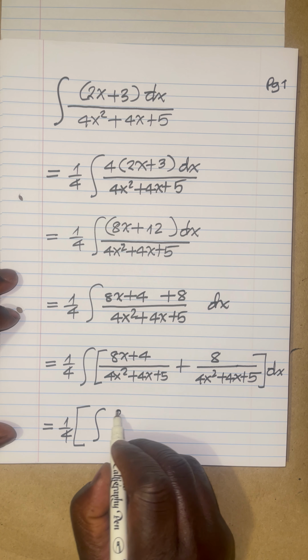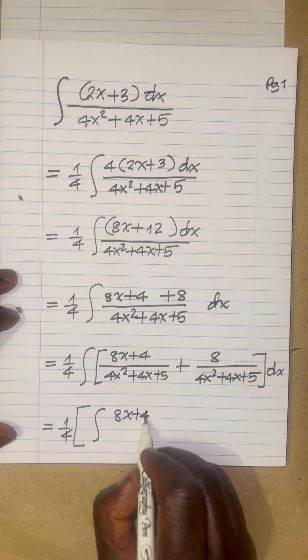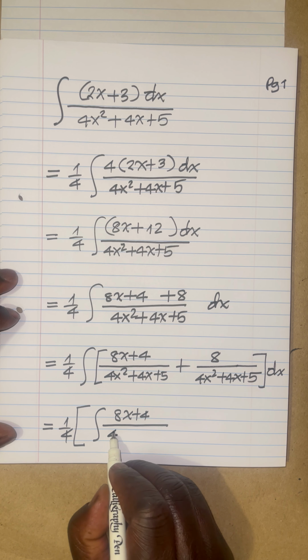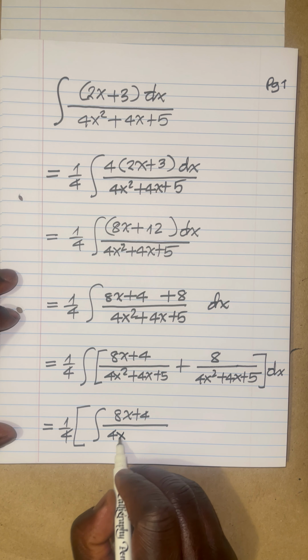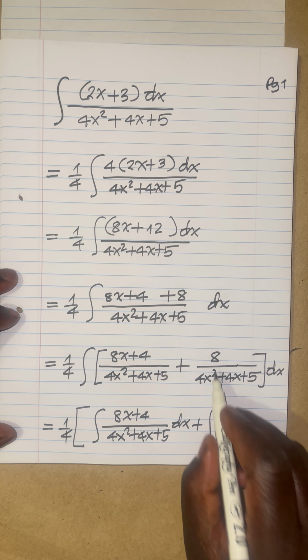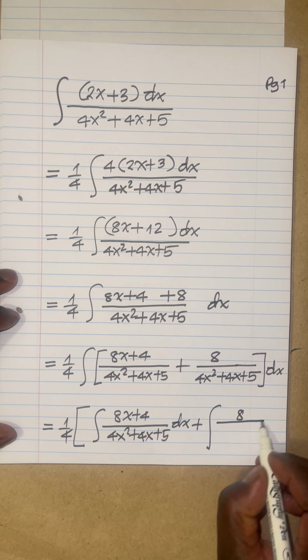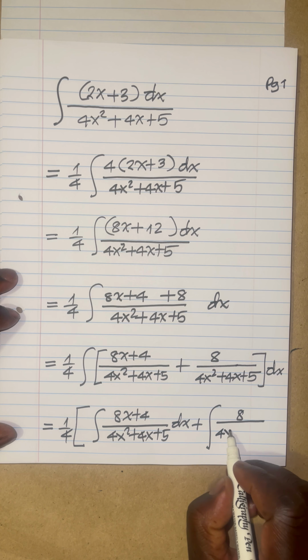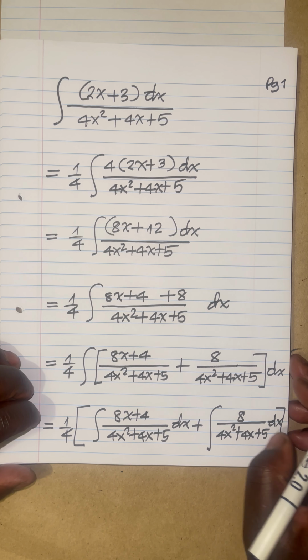The integral of 8x plus 4 all over 4x squared plus 4x plus 5 dx plus the integral of 8 all over 4x squared plus 4x plus 5 dx, like that. Right, now, so we have two integrals to work on. This is easier to work on. This one requires some work.